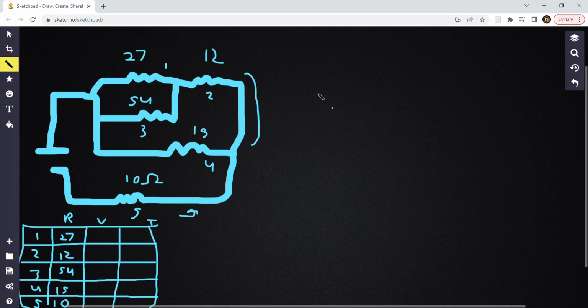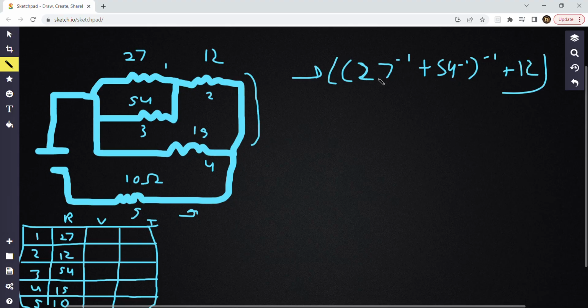To calculate that, we're going to break it up, get this first, then add it to this, and then add these together. So 27 plus 54, sorry, I'm a little bit congested, to the negative 1. And then this plus 12, and then all of this to the negative 1.